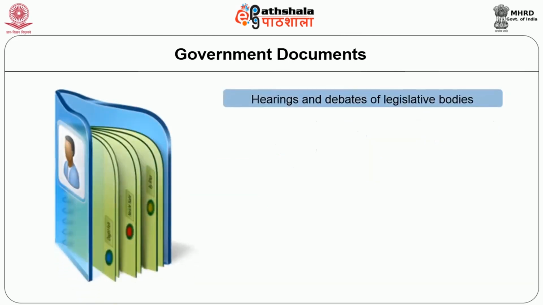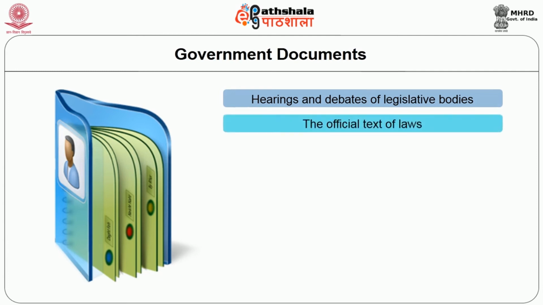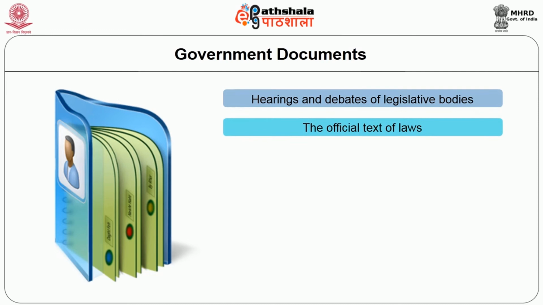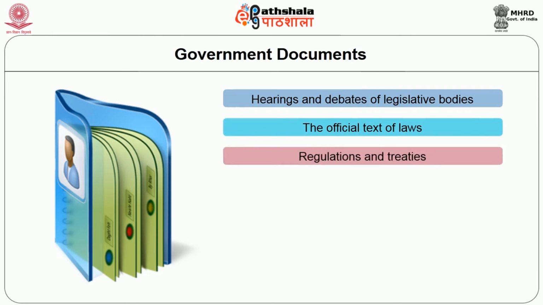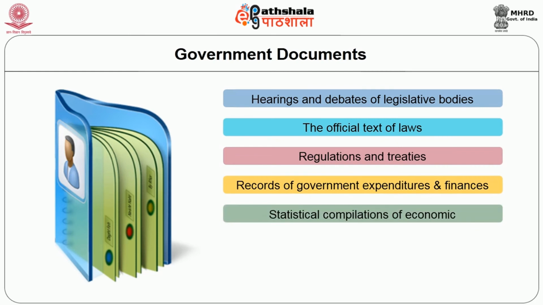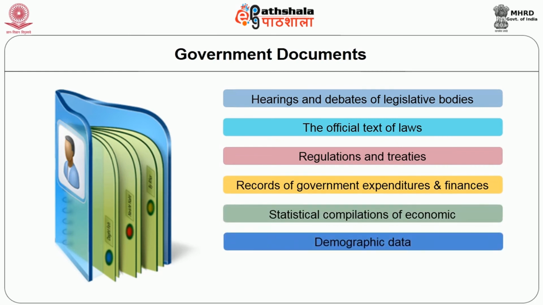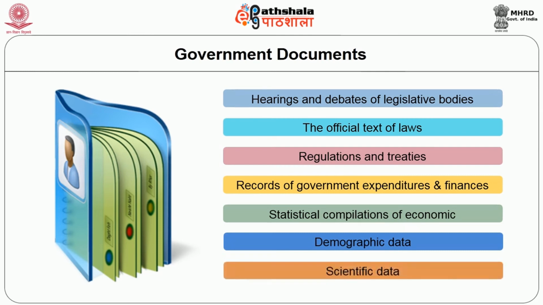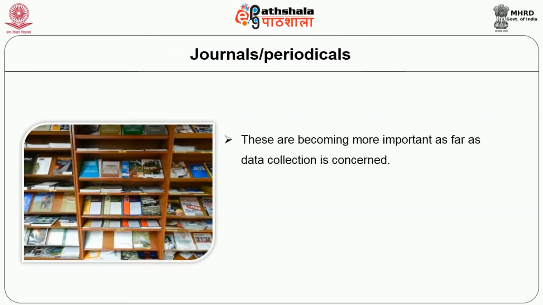These documents include hearings and debates of legislative bodies, the official text of laws, regulations and treaties, records of government expenditure and finances, and statistical compilations of economic, demographic and scientific data.